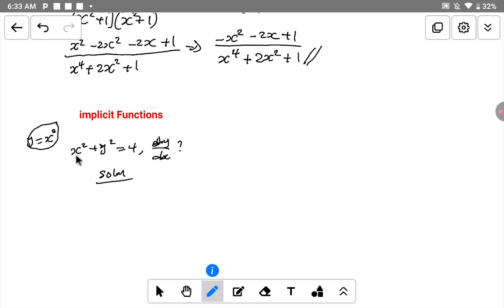Let me write the expression: x squared plus y squared is equal to 4. Now let's differentiate this part and this part, everything together. Let's differentiate this one with respect to x, because we are asked to find dy/dx.